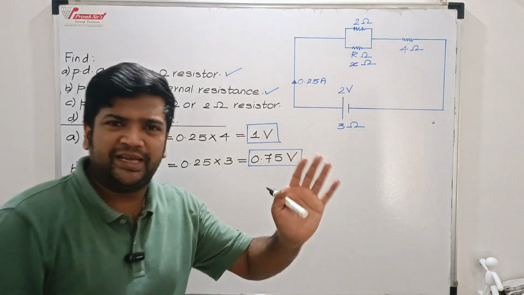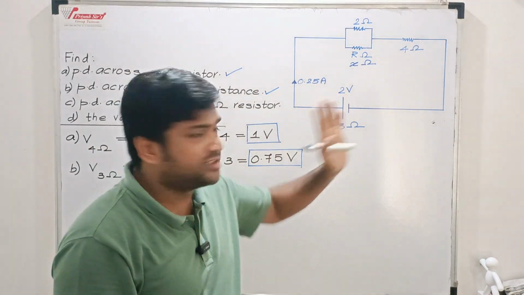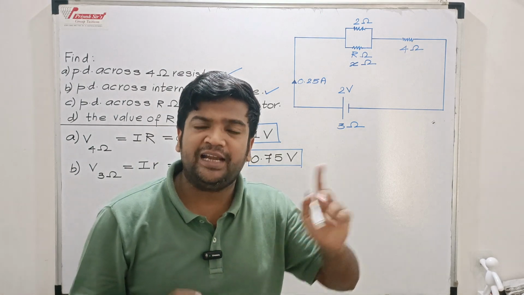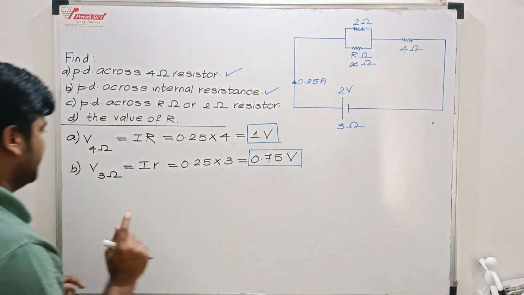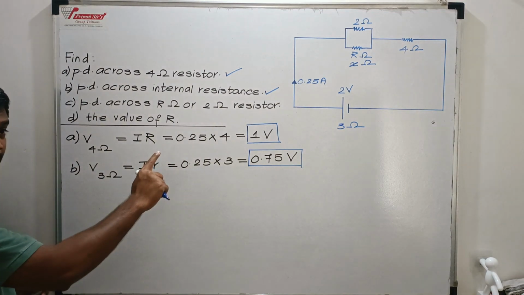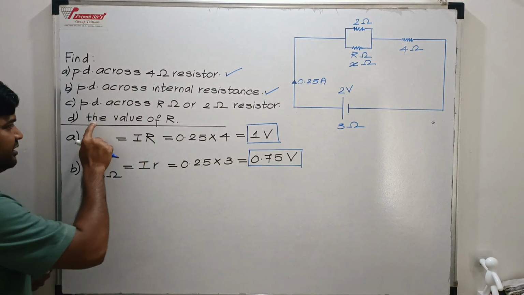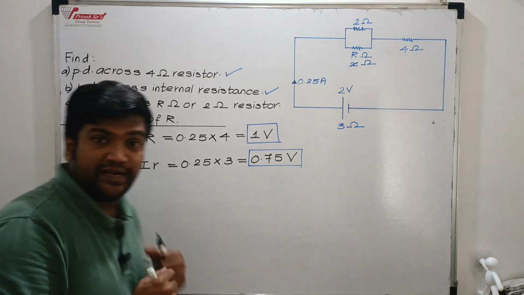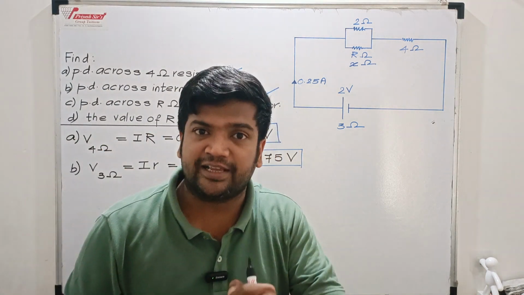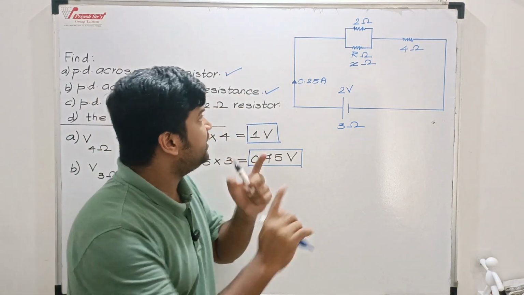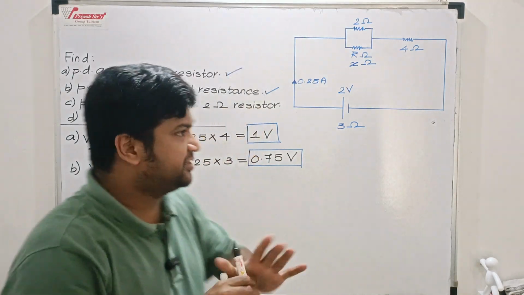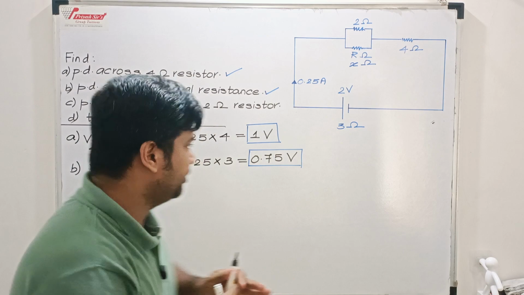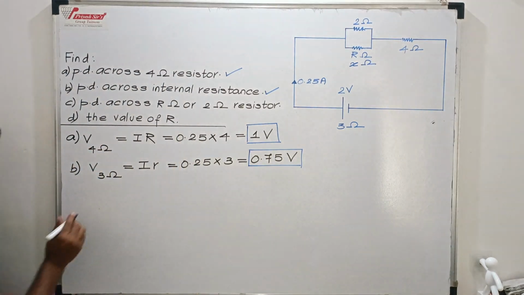Just to make it very simple for you, instead of R, imagine X ohm is the resistance. Now please pay attention to the board, beta. Very important. The value of R, right now we have considered it as X. Beta, in the whole main circuit the current is fixed, 0.25 ampere.